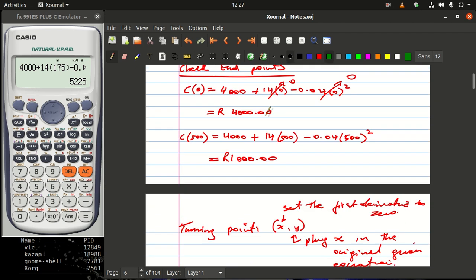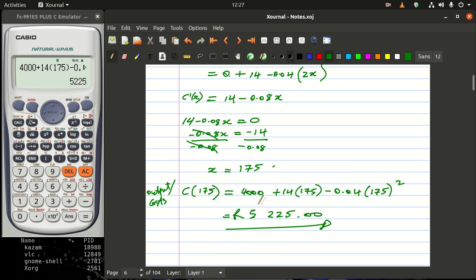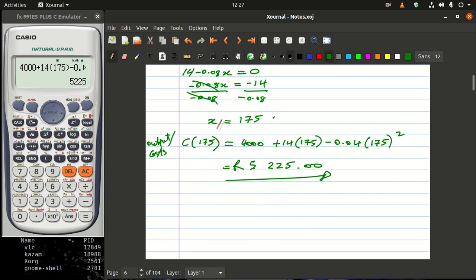Can you see something here? If I'm producing nothing, I will end up with a cost of 4,000. But if I'm producing 500, I will have a cost of 1,000. But once I am in between, producing 175, the cost will be more, which is about 5,000.